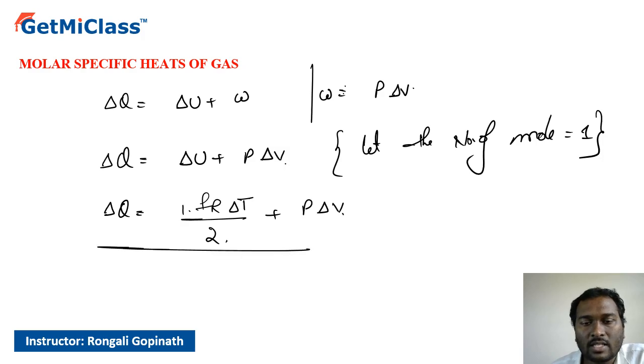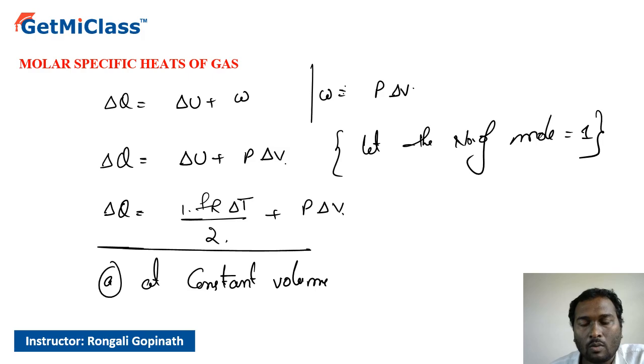Now let's analyze this equation under two conditions. The first condition is at constant volume. What happens to this equation at constant volume? Yes, delta V will become 0. Then delta Q is F R delta T by 2.